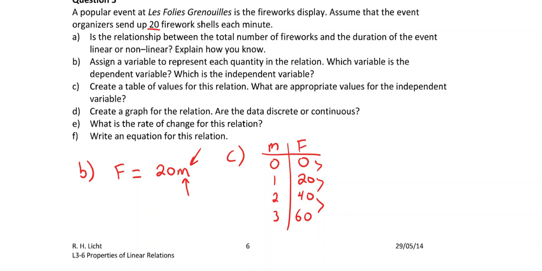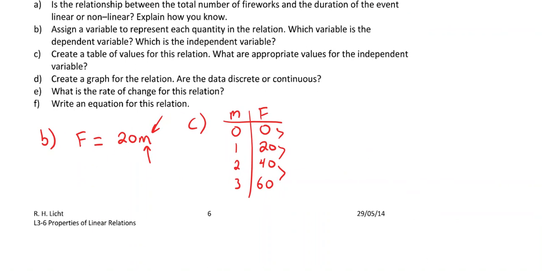So there's our table, guys. Create a graph for this relation. So yeah, we could make a really nice graph, but let's just make a sketch with what we got here. So the way this thing would look would be, we'd have a line like this. F will be on this side.